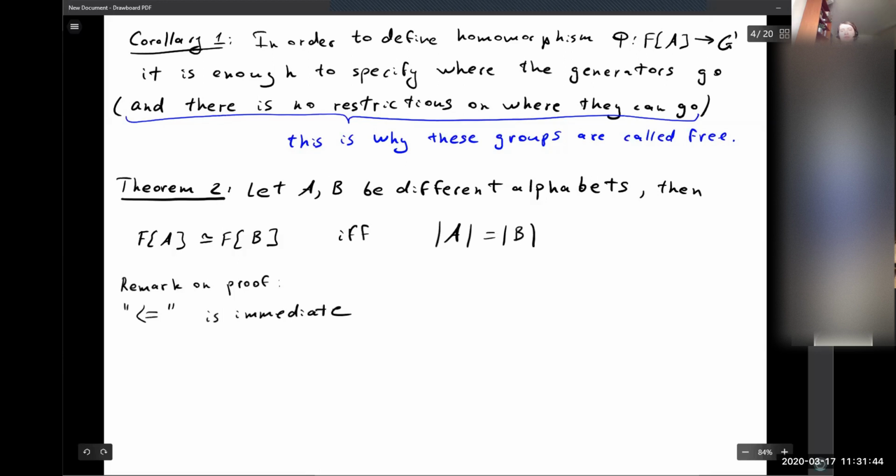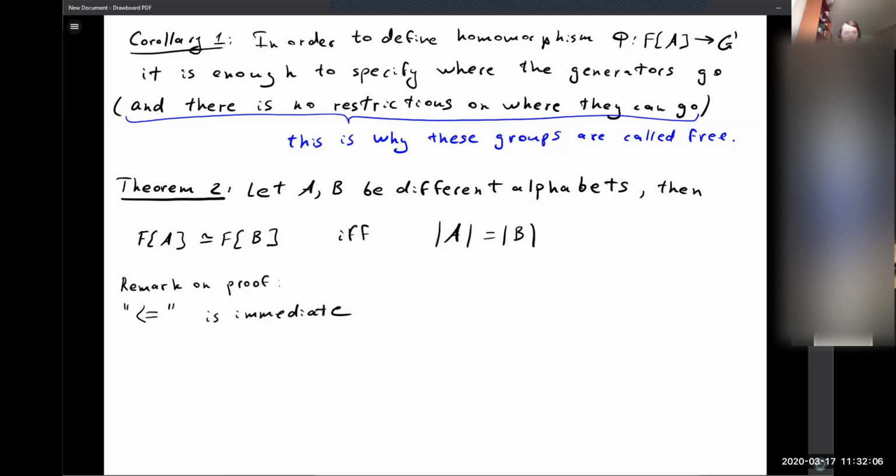Namely, if you have two sets with the same cardinality, this means that there is a bijection between the sets A and B, and this bijection actually gives rise to an isomorphism between the free group on A and the free group on B. So this part is easy.